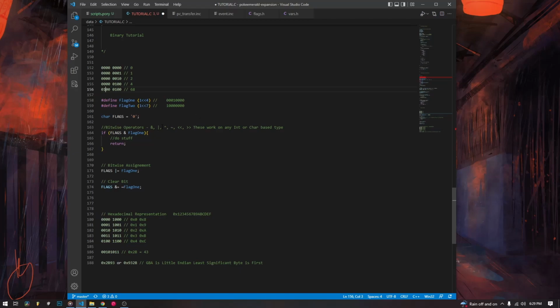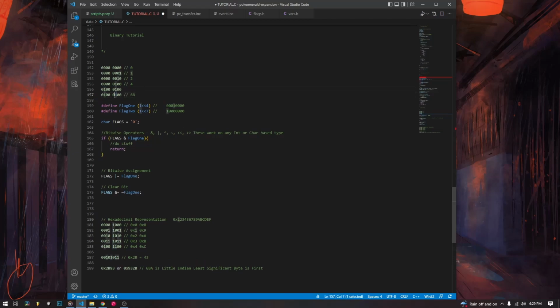Now, if we used this one, the exclusive OR, this caret, it would give us something similar, but it would give us this, because the exclusive OR are the bits that are on in one but not the other.